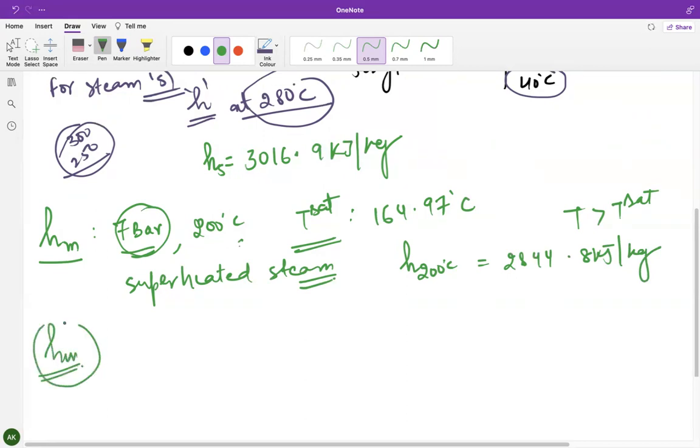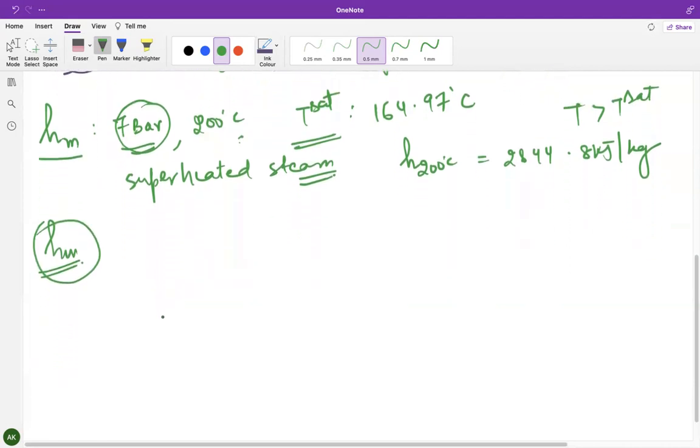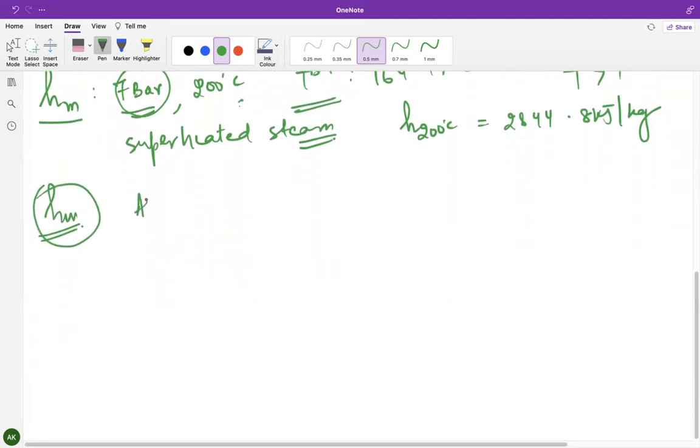Now how will we find the enthalpy of water? At 7 bars, the saturation temperature is 164.97 degrees Celsius. This is your saturation temperature.